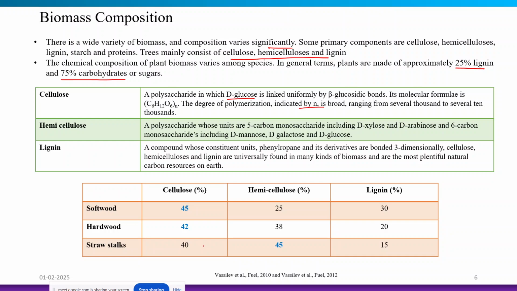When you do the composition analysis, you get to know that the cellulose percentage in the softwood is higher, whereas in hardwood the cellulose percentage is higher as well, and the hemicellulose percentage is almost equal. While we are talking about straw stalks, mostly cellulose and hemicellulose predominate. Also, in the softwood, the lignin percentage is higher among all the cases. So the cellulose and lignin percentages vary.